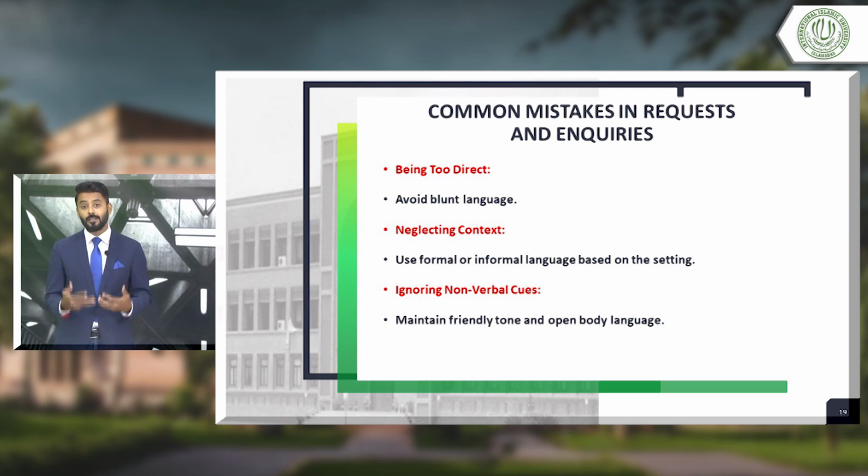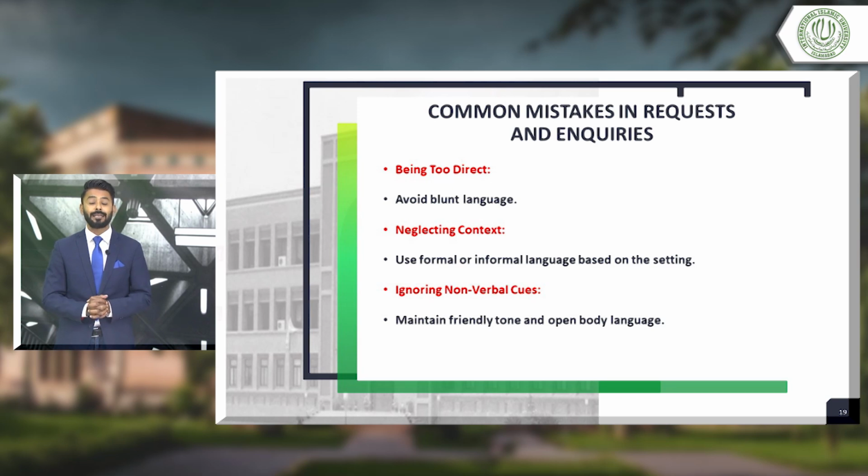So it matters a lot. Of course, direct language is linked with the non-verbal cues, which we will discuss here. So instead of using direct language, you can say, please bring me that, or would you please bring me that pencil or car or whatever is placed on the table. So you shouldn't be very direct in your request.